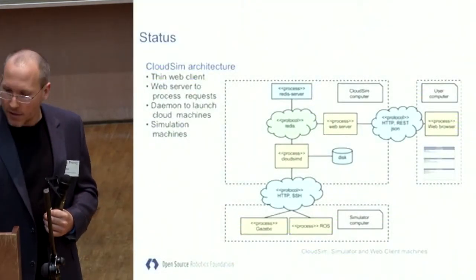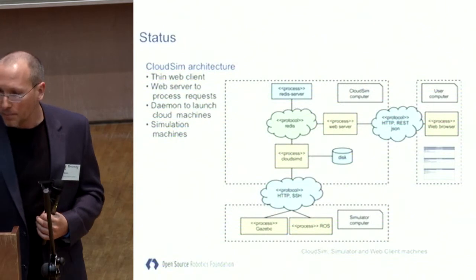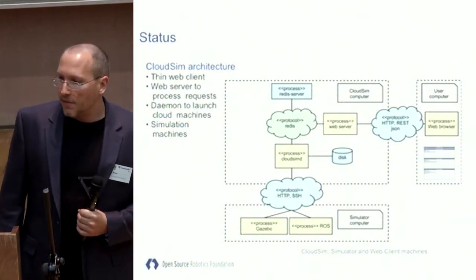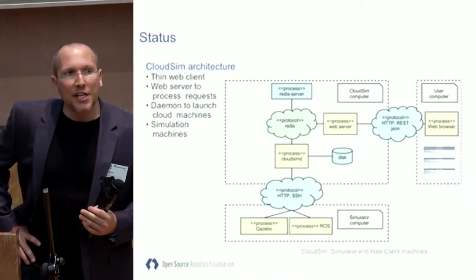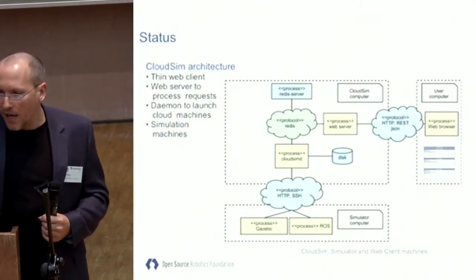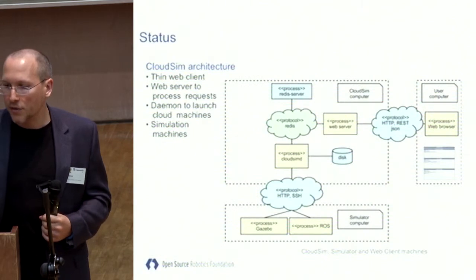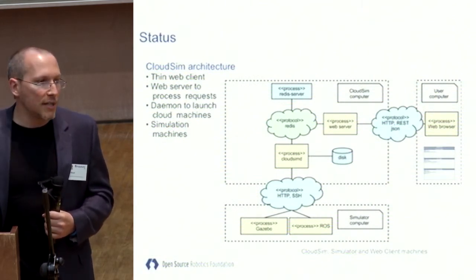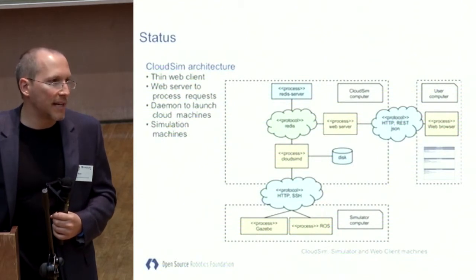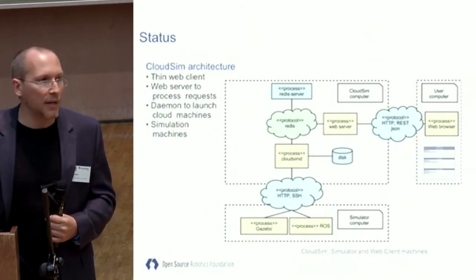So, where's CloudSim now? Well, the architecture itself is kind of stable now. We have a web server that talks to the client, and all the control for bringing up machines, measuring latency, and everything is done through a daemon.